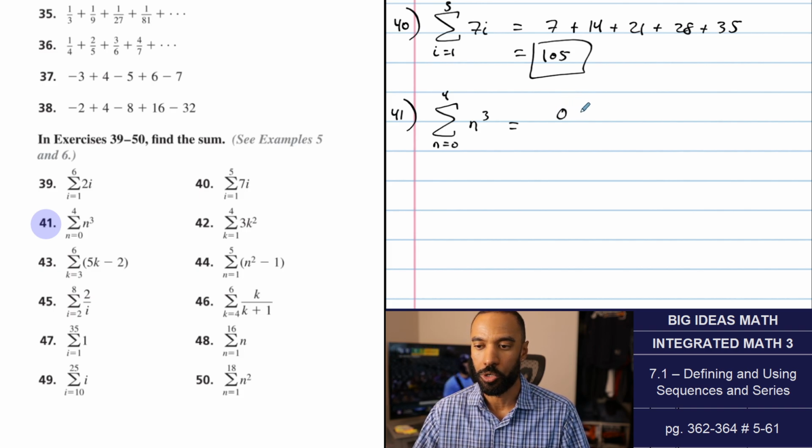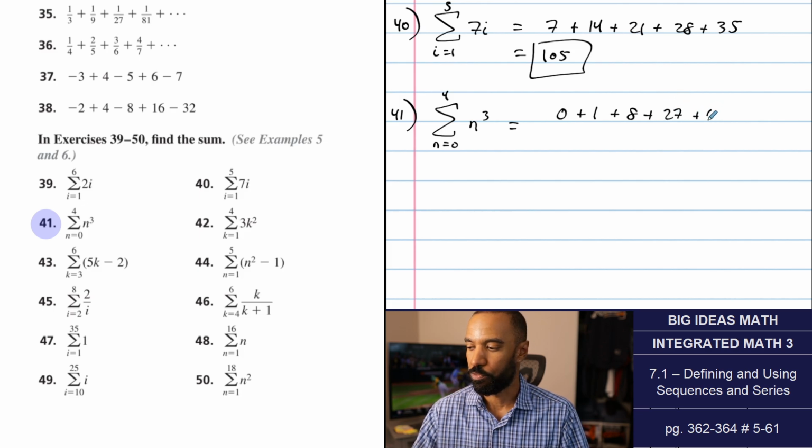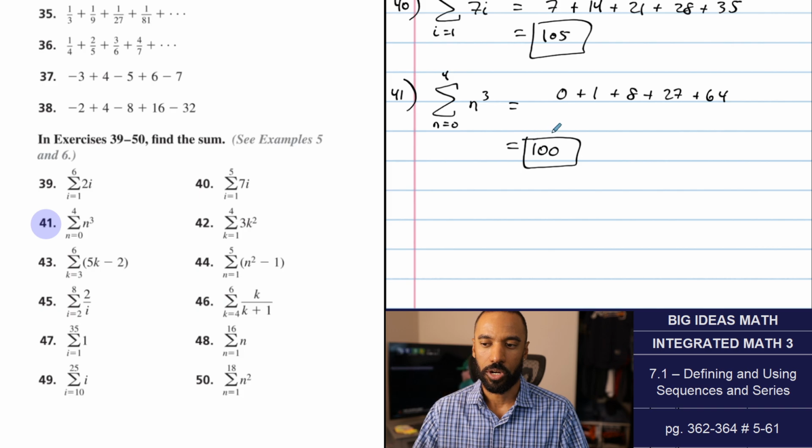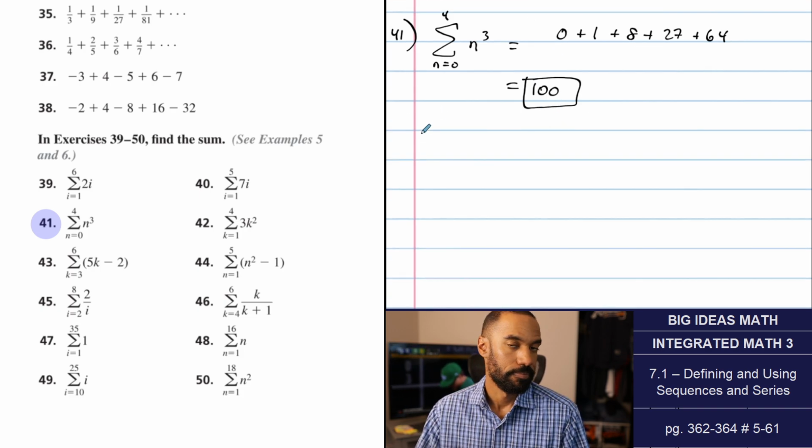Anyway, 0 cubed plus 1 cubed plus 2 cubed plus 3 cubed plus 4 cubed is happening here. 1 plus 8 is 9 plus 27 is 36 plus 64 is 100. Now, the 0 had no effect on the sum.